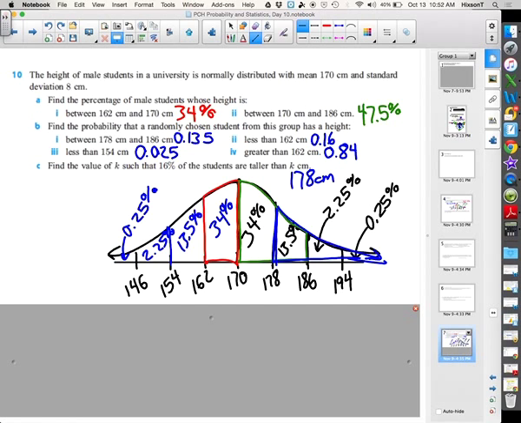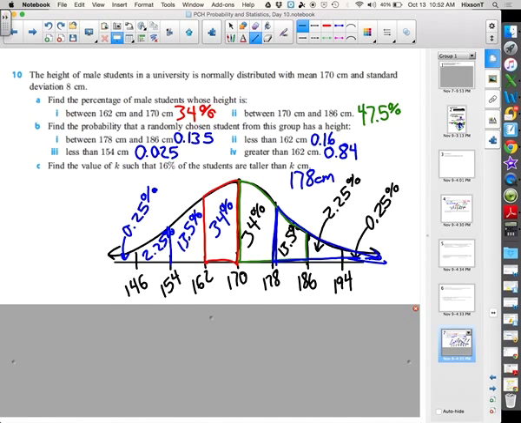It's not going to be exactly half, because this is not linear. This is a curve, so we can't just cut it in half, although that wouldn't be a bad approximation. The fact of the matter is that without a better tool at our disposal, we really can't tell what percent would be taller than 174. That's where our technology comes in handy.